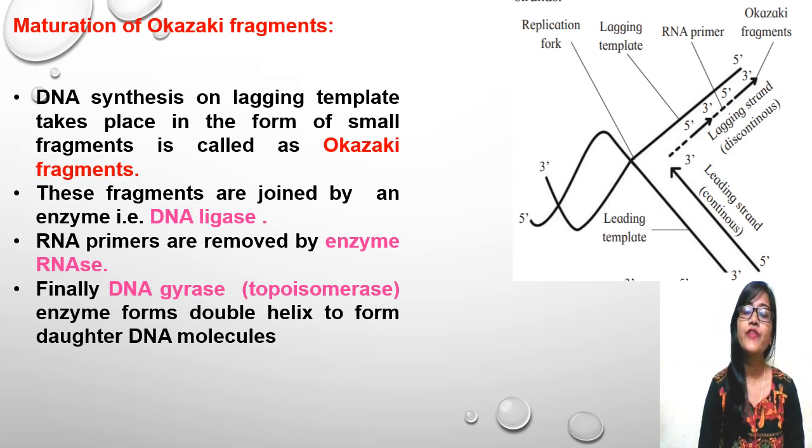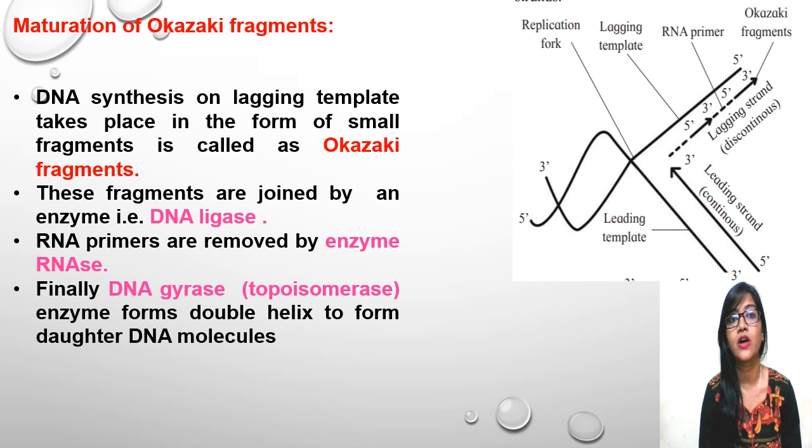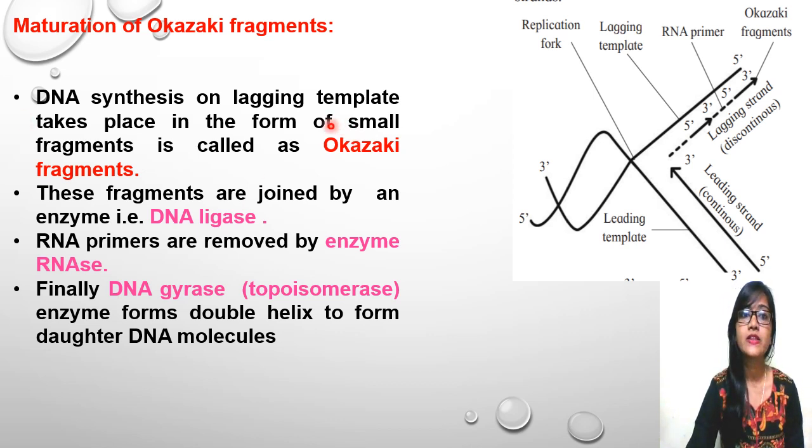Now in this slide we are going to discuss how the maturation of Okazaki fragments occurs. DNA synthesis on the lagging template takes place in the form of small fragments or small chunks, called Okazaki fragments. Now you can observe in this diagram, this is the leading strand from 5' to 3', as the direction is 5' to 3'.